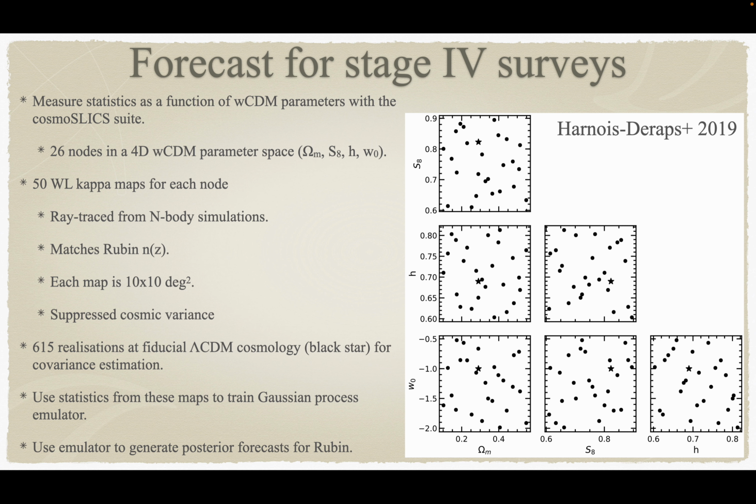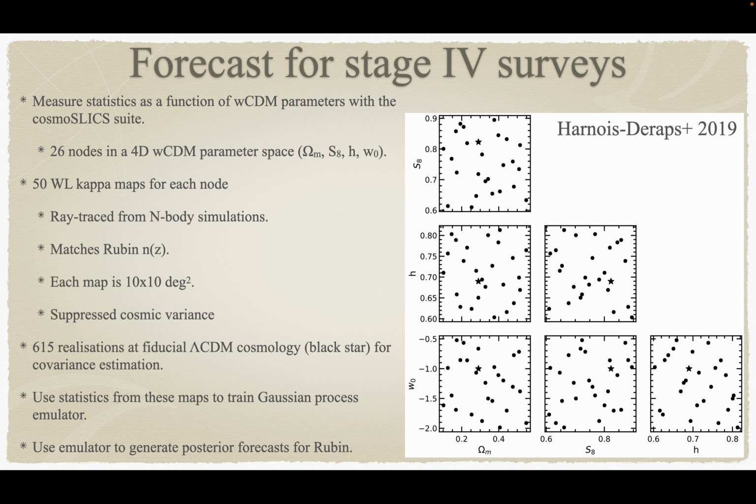Now we want to use these new statistics that we've made to actually forecast constraints for some cosmological parameters. To do this, we use the cosmosLICS simulations, which has 26 nodes in a 4D wCDM parameter space, where we vary omega m, S8, h, and w0.